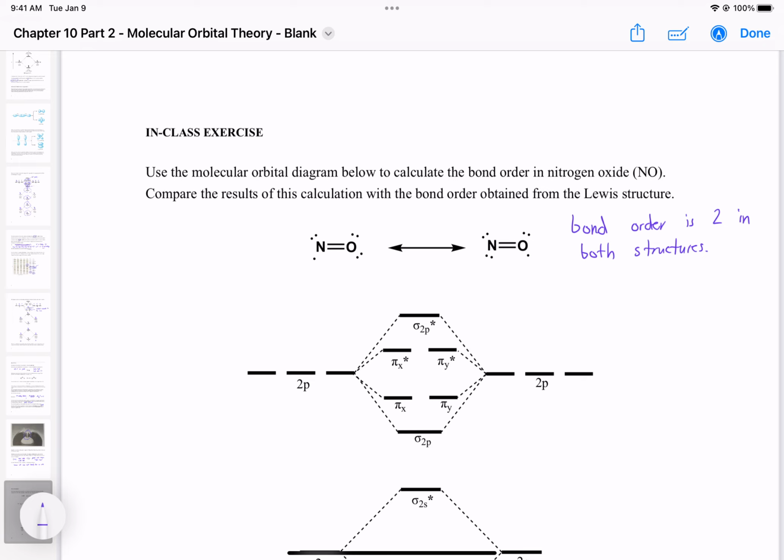We have 2 structures here. In this case, this will be negatively charged, and oxygen has a positive charge. So nothing wrong about that. If we look at both of these molecules, we should have 5 plus 6 valence electrons, 11, an odd number. So we're going to have a radical species. And we see here that in our structures, we have 2, 4, 6, 8, 10, 11 electrons in both structures.